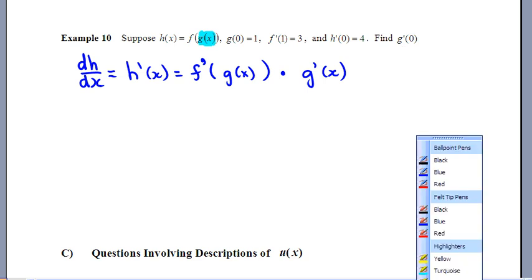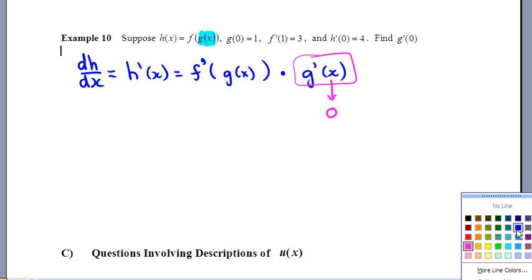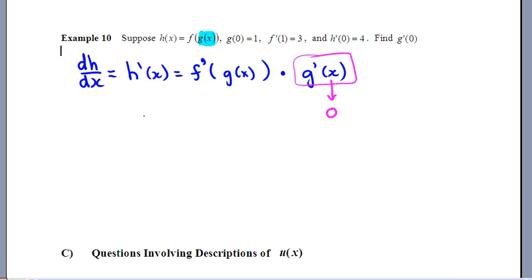So I'm looking at this g prime of x here thinking, hey, that could be helpful if I can make it look like g prime of 0. So let's just go and put in 0 to that, and then we would have this. We're going to go with 0 for x. So we'll have h prime at 0 would be f prime of g at 0 times g prime of 0.